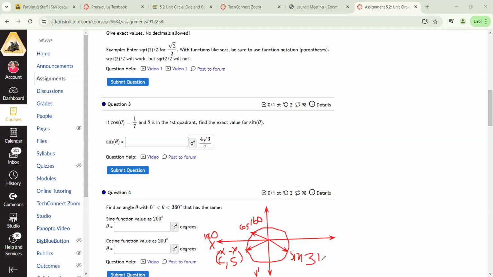So they're saying what would be the same location as sine 200? And I'm going to say 340 here. 340 here. And they're saying what is the same value as cosine value? So I am going to say 160 for the cosine. Those will be the two answers that will go right here in these two blanks, 340 and 160 degrees.